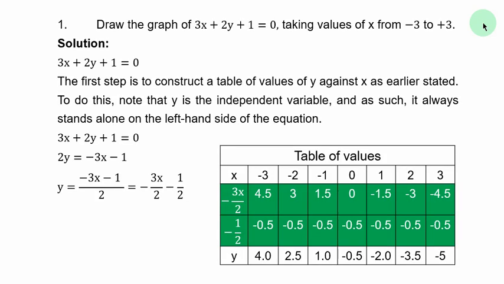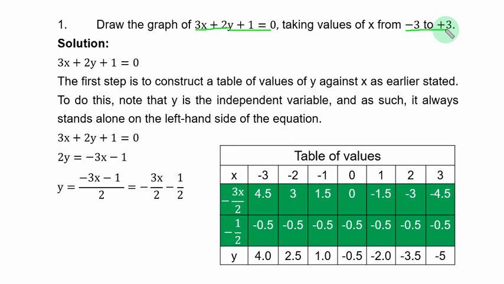So we have examples. Number 1, draw the graph of 3x plus 2y plus 1 equal to 0, taking values of x from -3 to +3.